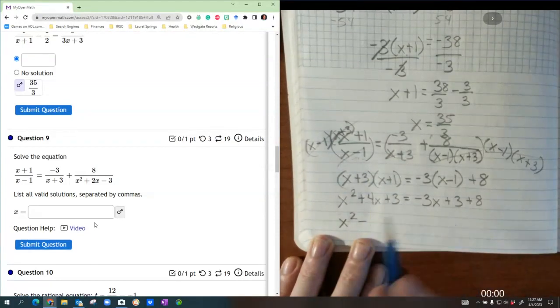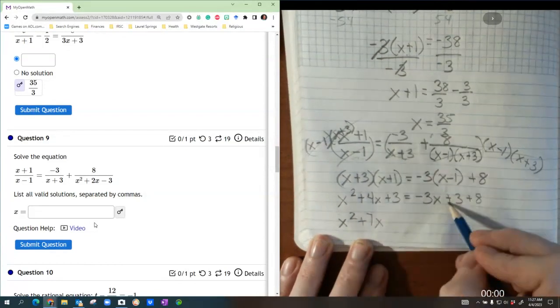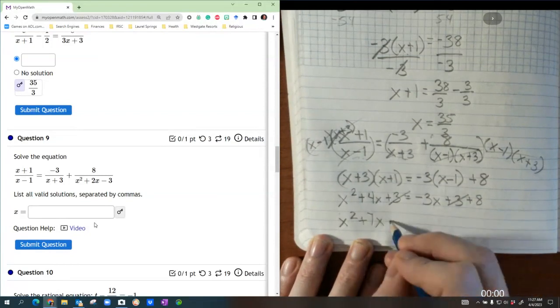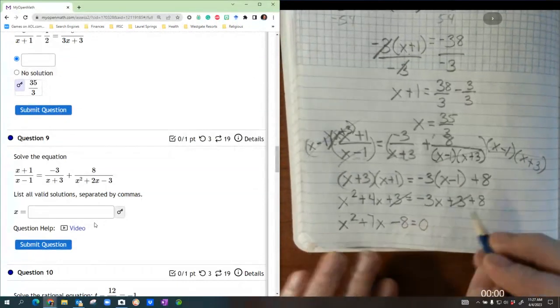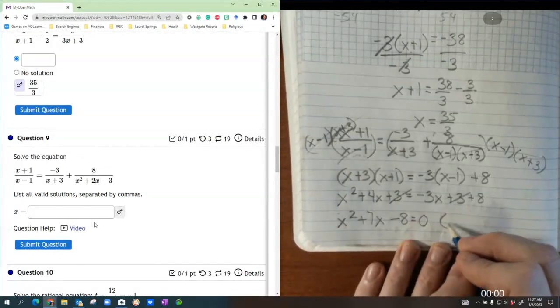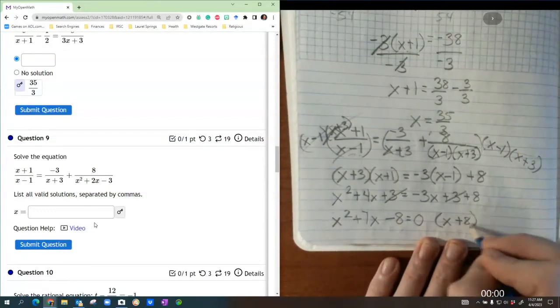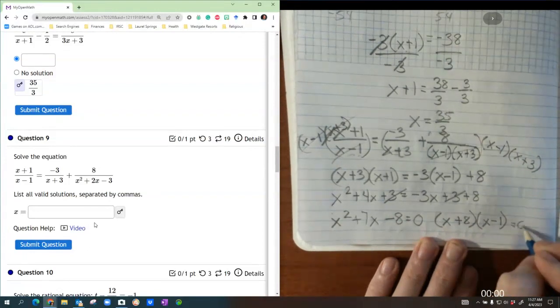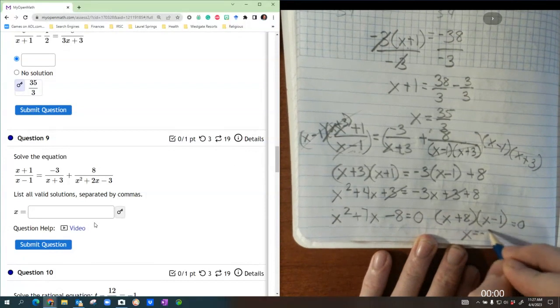This comes over and becomes positive 7x. Then this wipes this out because 3's on both sides, so I have negative 8. In factor form, this equals x plus 8 times x minus 1. So my answers are x equals negative 8 and positive 1.